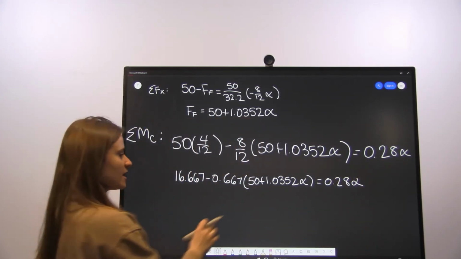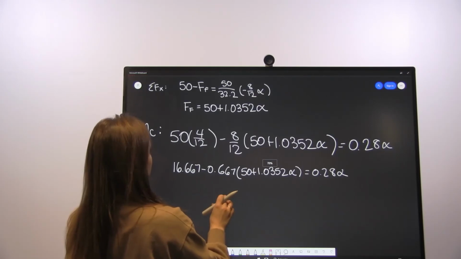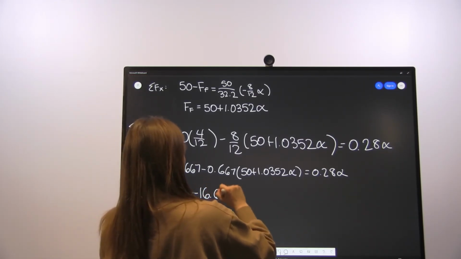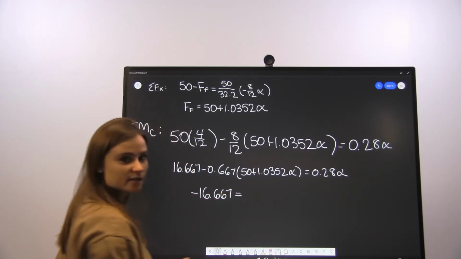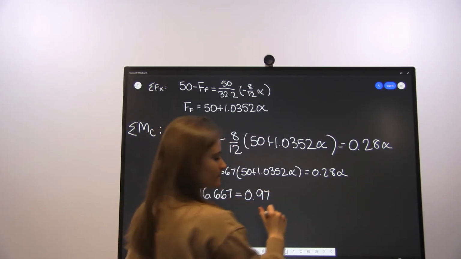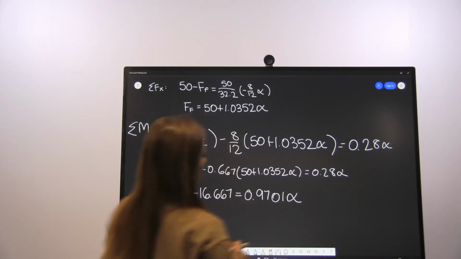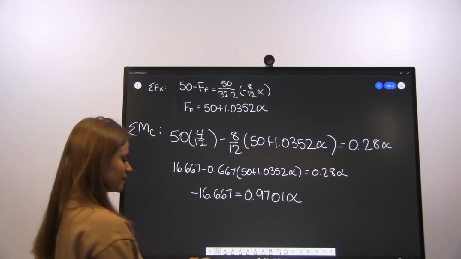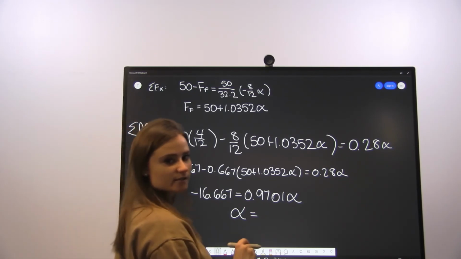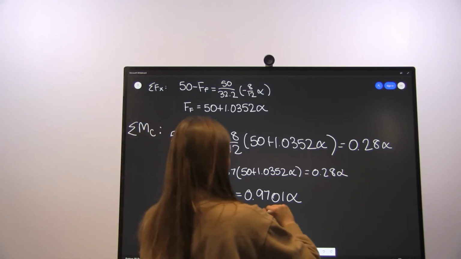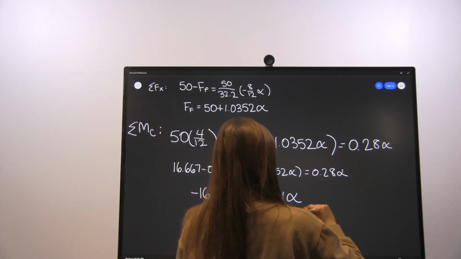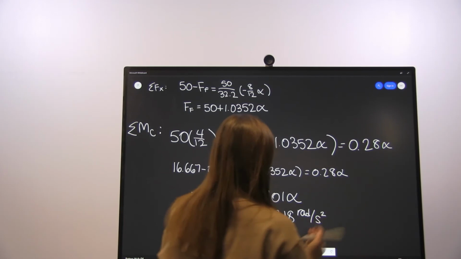And then when we combine like terms, we get negative 16.667 is equal to 0.9701 times angular acceleration. From here we get our angular acceleration is equal to negative 17.18 radians per second squared.